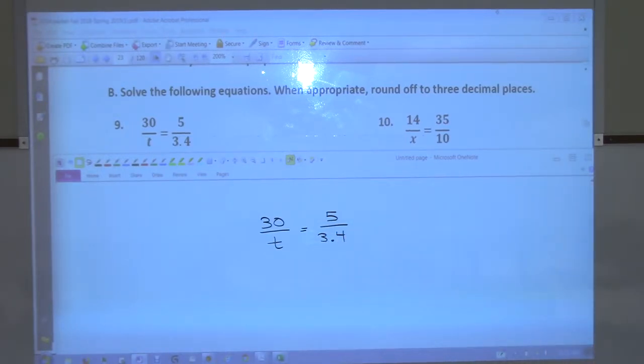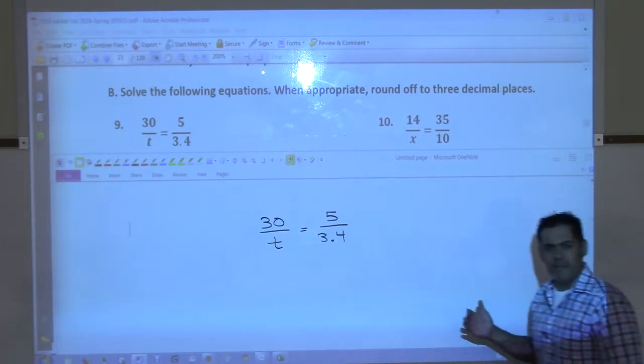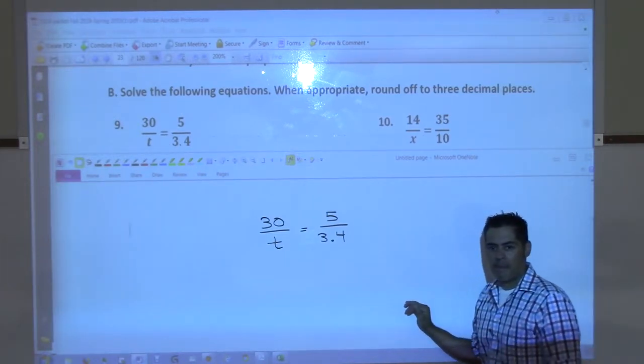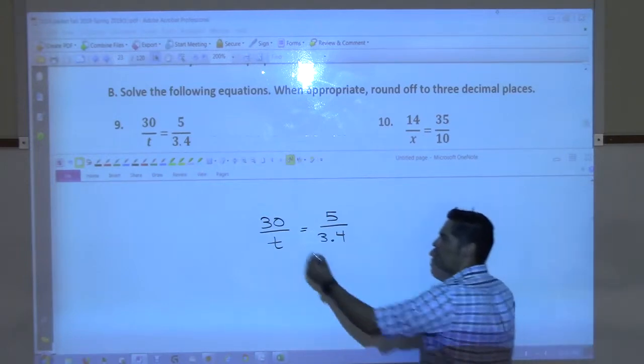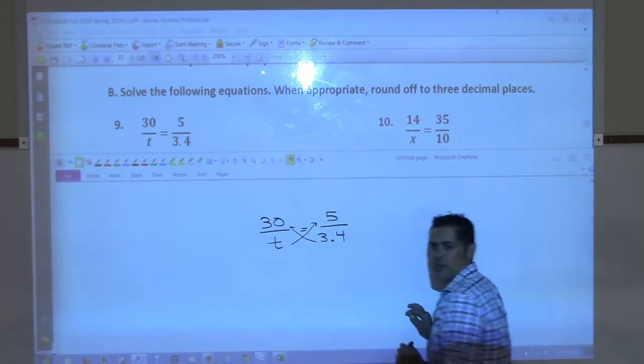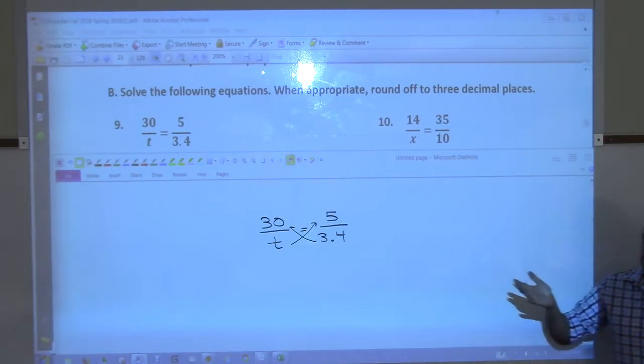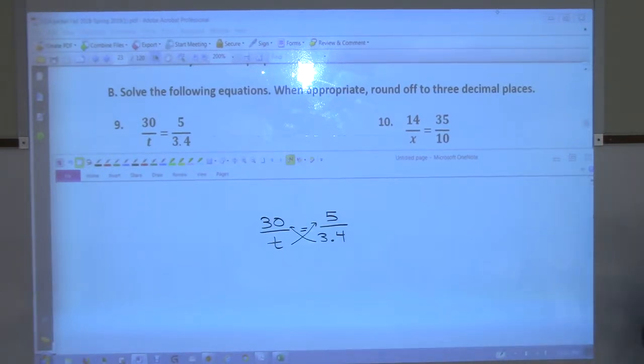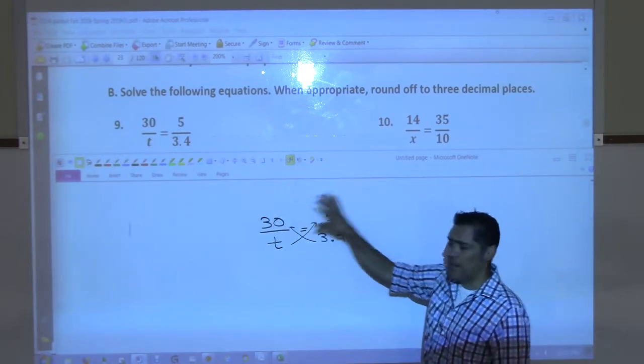All right, so anyone that did do this want to share how they did it? Okay, who was that? Yeah, what did you do? Cross multiply. Cross multiply, what is that? I put t times 5. Okay, so you multiplied across here like that, and then across here like this. Commonly you'll hear students refer to that as cross multiplication, and that is allowed so long as you have a fraction equal to a fraction.